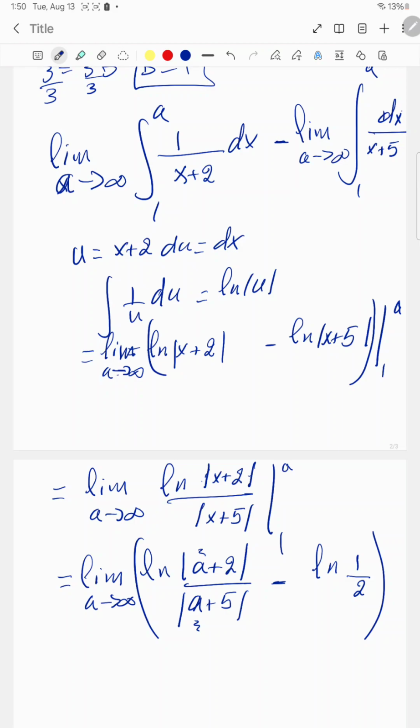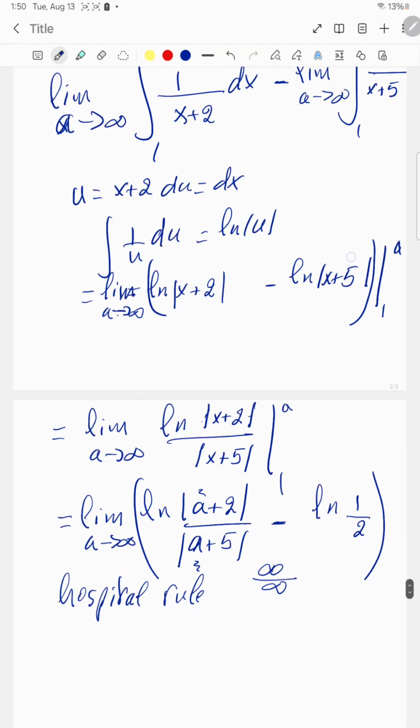Here, when a goes to infinity, it becomes ln of infinity divided by infinity. It is infinity divided by infinity minus ln of 1/2. It does not matter because it is infinity. So what I have to do now is use L'Hôpital's rule, because it is infinity divided by infinity.